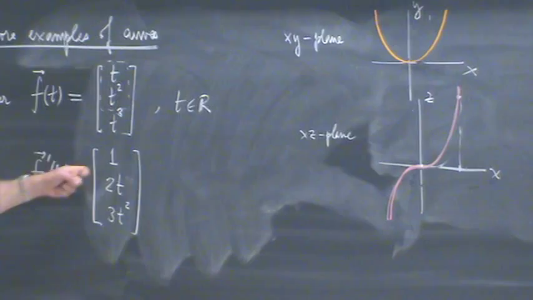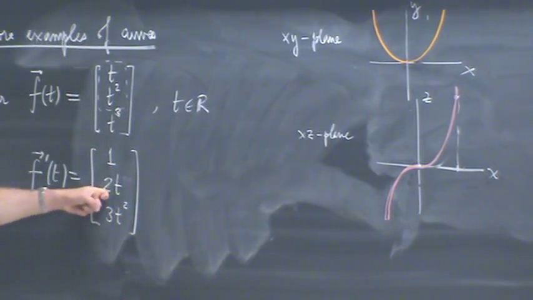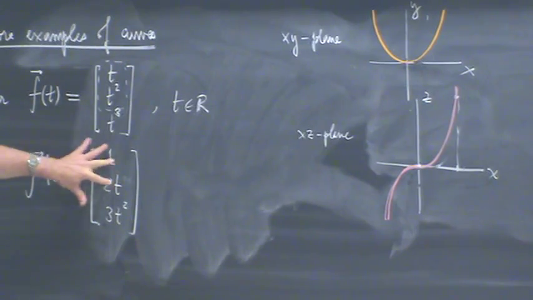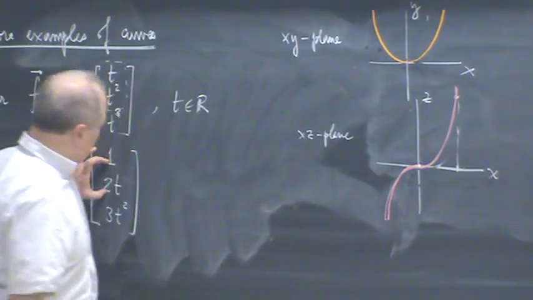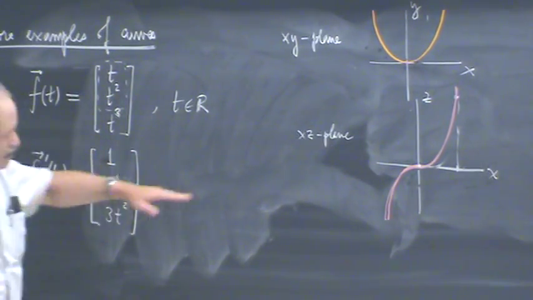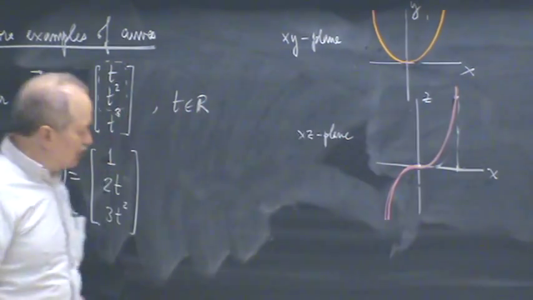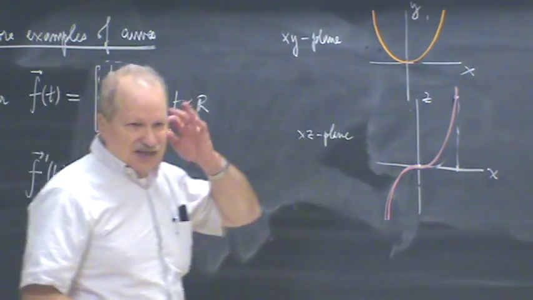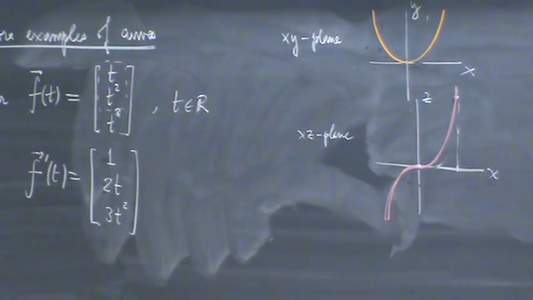And then you're saying as x moves at constant speed, y is changing at this rate and z is changing at this rate? Is that what you meant? Kind of, I think. So the xy slope would be the slope of this curve, which would be 2t. Right, yeah. The xz slope would be 3t squared. Yeah, that's exactly what I meant. Okay. We'll talk a lot about velocities and physical interpretations of that as we go on.